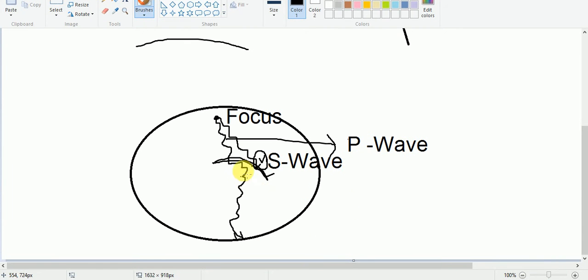What is the nature of this section of the Earth interior, whether it is in solid state, liquid state, or gaseous state? Tell me. Liquid or gas? Yes, right. Because the S wave, which can travel only through the solid state, has stopped here.